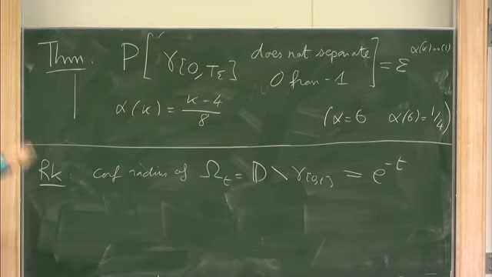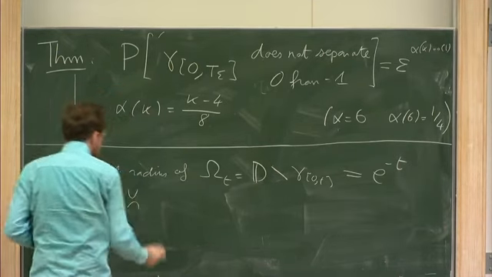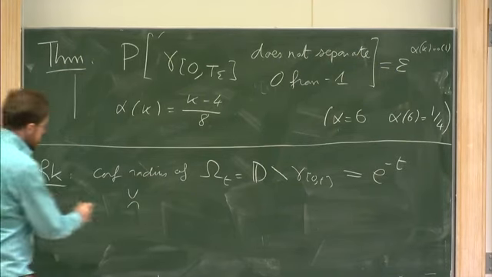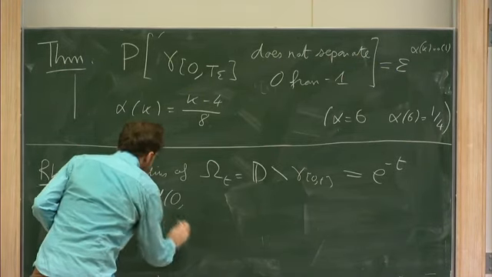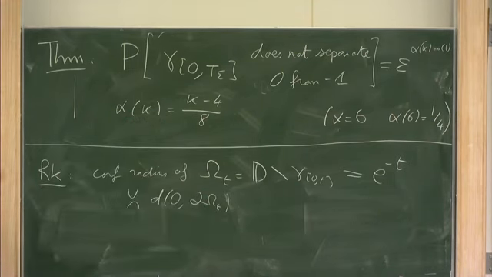That's the definition of the time parameter for radial SLE. But on the other hand, the conformal radius is, up to constants, the same as the distance between 0 and the boundary of omega t, up to universal constants.